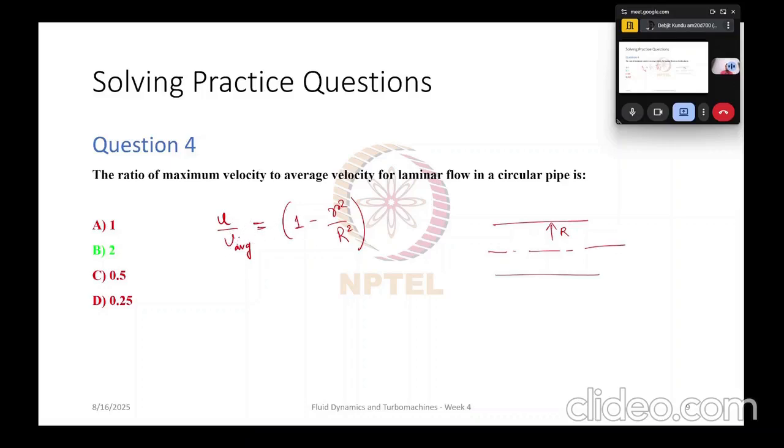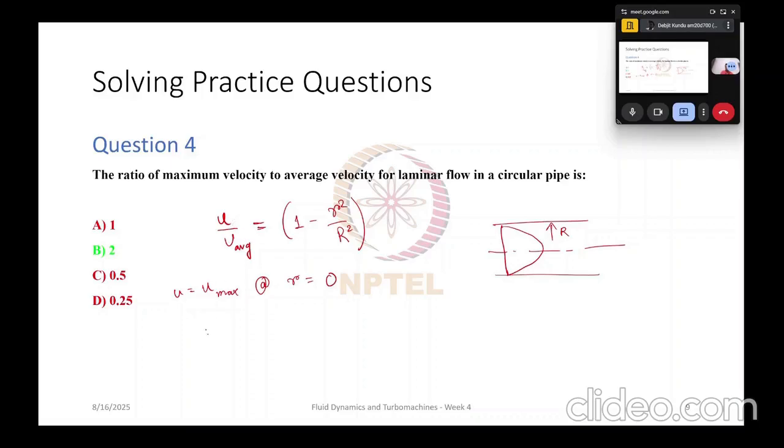So for u max, u is equal to u max at r equals 0. That is at the center of the pipe, because this is a parabolic profile. The maximum is at the center.